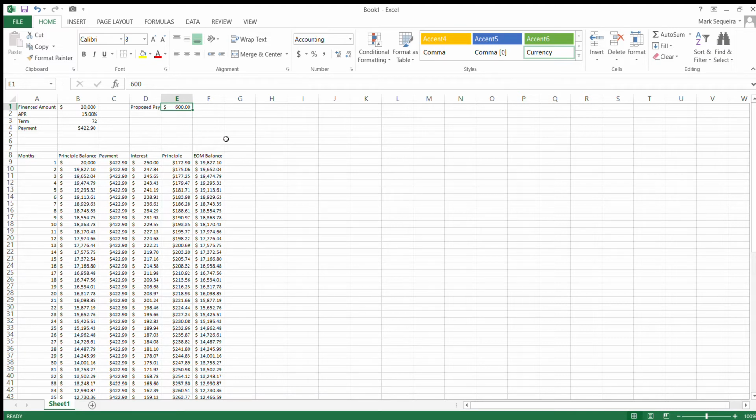Now we're going to create another one of these amortization schedules, but this time we're going to include the extra that you put towards your principal balance every month.